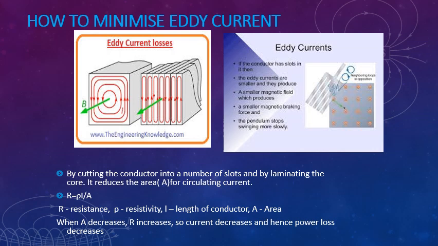Also, you will learn the equation R is equal to rho L by A in the current electricity chapter. So, look at the relation. When area decreases, the resistance increases. And when the resistance increases, the current decreases. When current decreases, power loss also decreases.